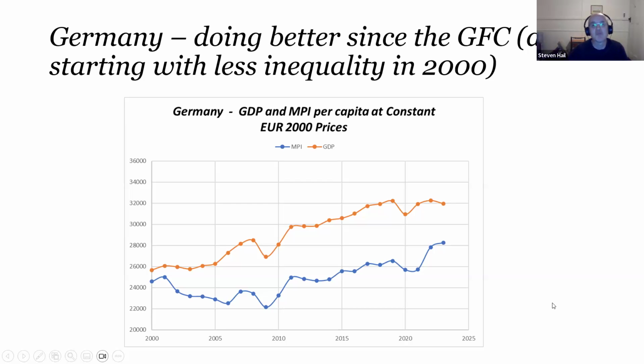Well, Germany, amongst the other countries we're looking at here, has a low degree of net income inequality. It has a redistributive tax and welfare system. This was even more the case in the early 2000s than is the case now. That's why you can see the gap between these two lines growing over time.